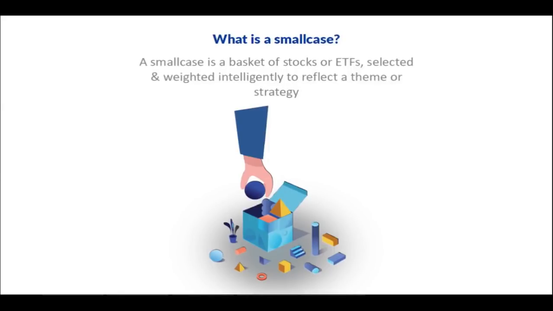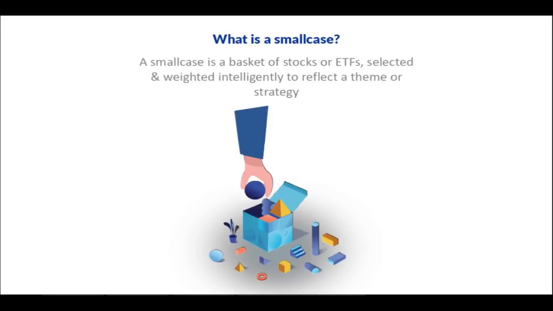What that does is it selects the stocks that will gain because of an increase in rural consumption as well as rural demand. For example, FMCG stocks, agricultural stocks, agricultural implements, tractors, fertilizers, and two-wheeler stocks are all selected in this smallcase, and they are weighted and allocated in a manner so that the smallcase represents that theme.